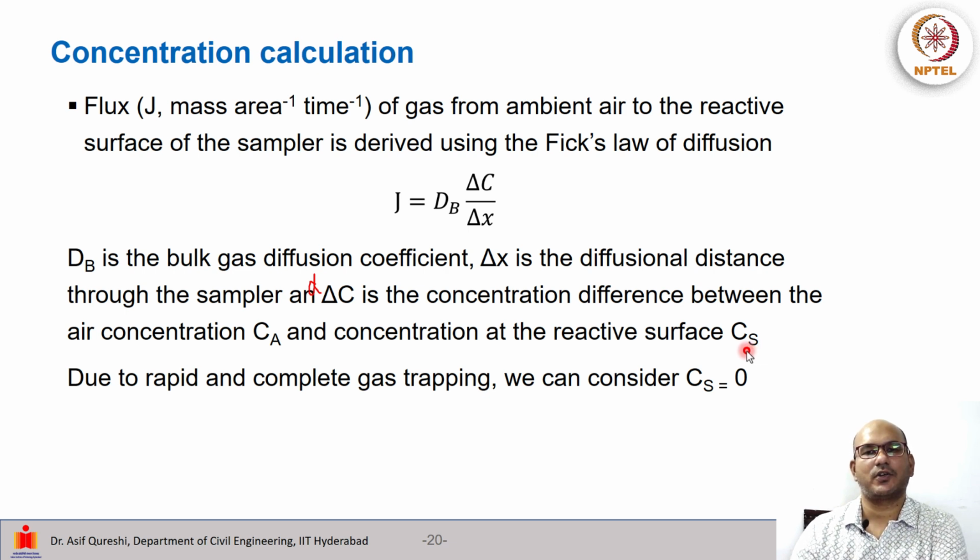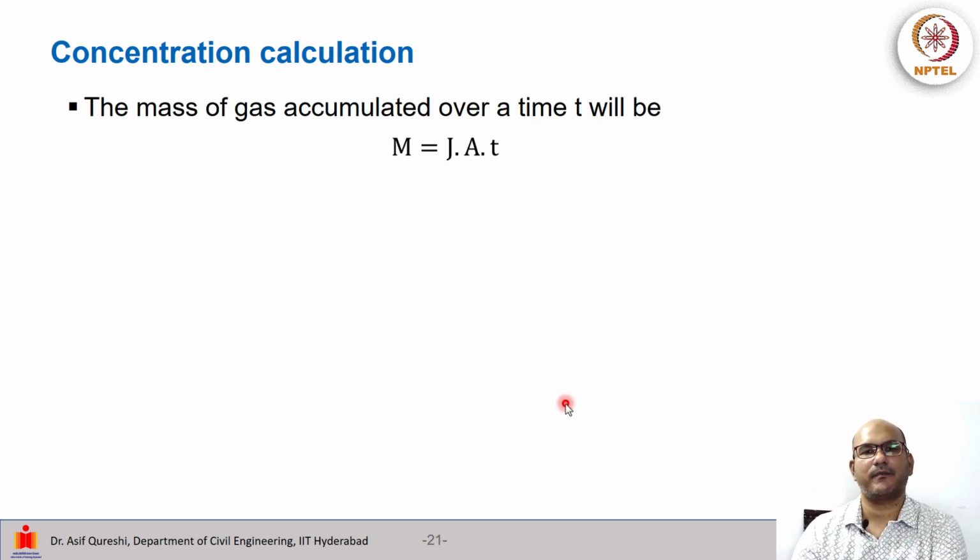Now, if our adsorbent is very effective, we will have a rapid and complete gas trapping. And due to this rapid and complete gas trapping, we can consider Cs to be 0. So once we do this, we can simplify and get the mass of the gas accumulated over a time t. This will be flux, which was mass per unit area per unit time.